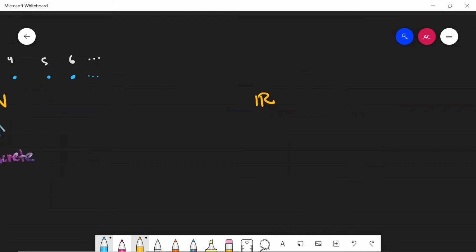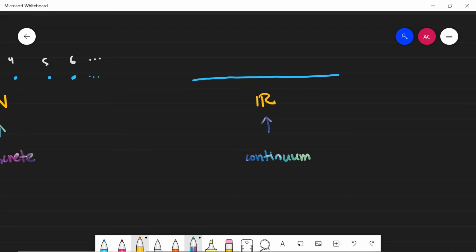Now, when you move to the set of real numbers, you are infinite, but there's a continuum of real numbers. That's why we draw the real number line, a continuous line. We'll say continuum because it's a fancier word.